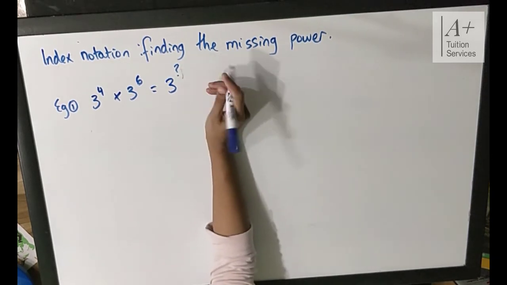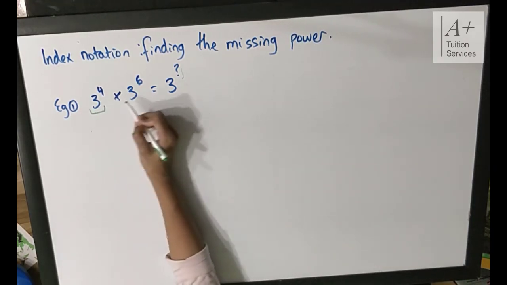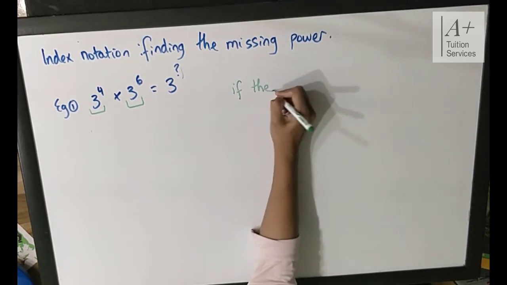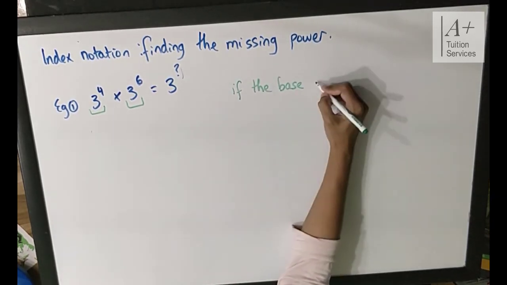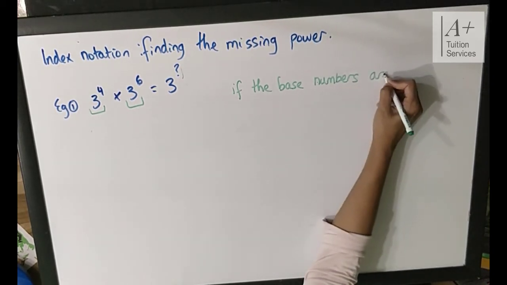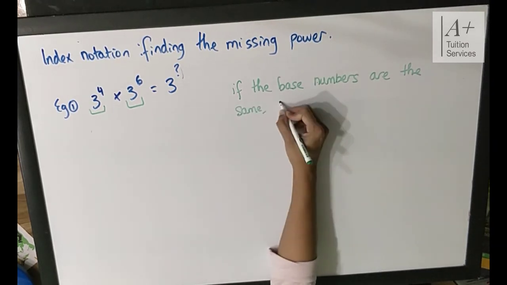What is the power? Now, when we multiply numbers with powers and indices, remember, this is a base number, okay? So if the base numbers are the same, we keep it.